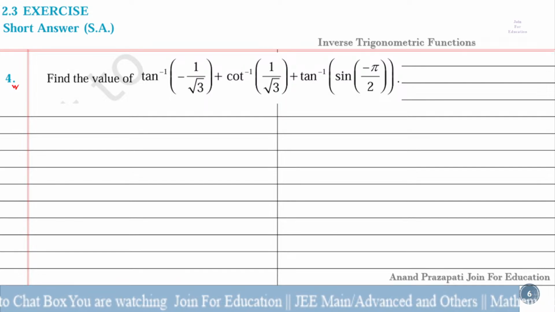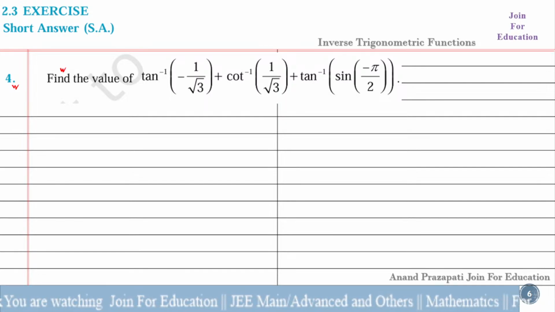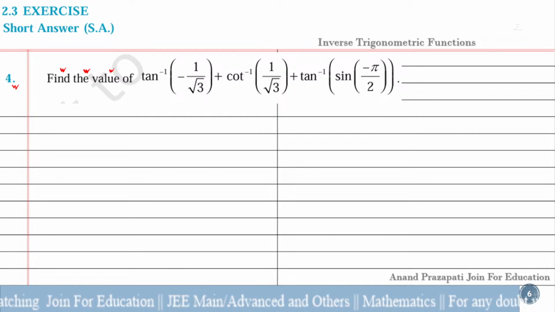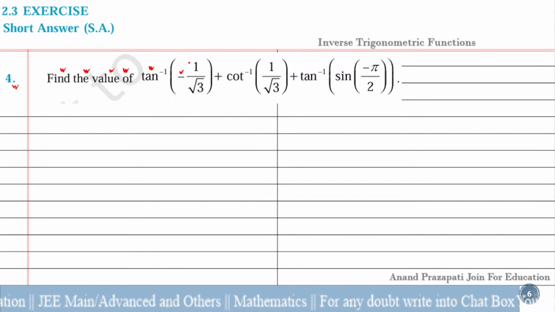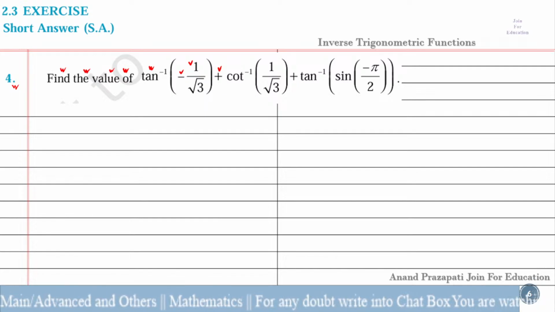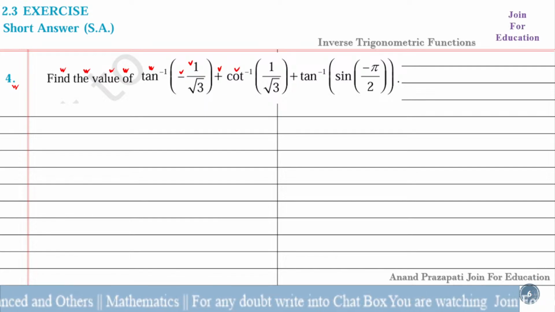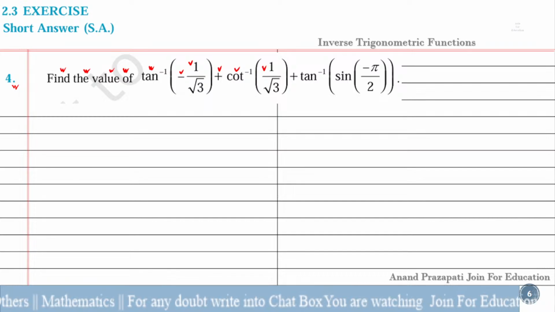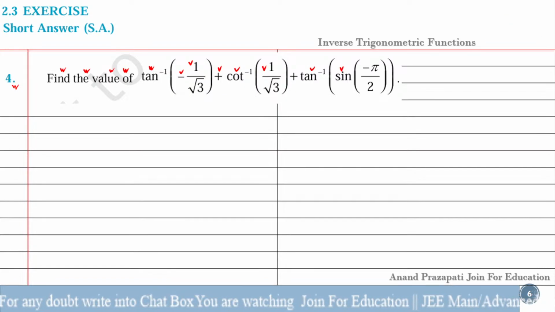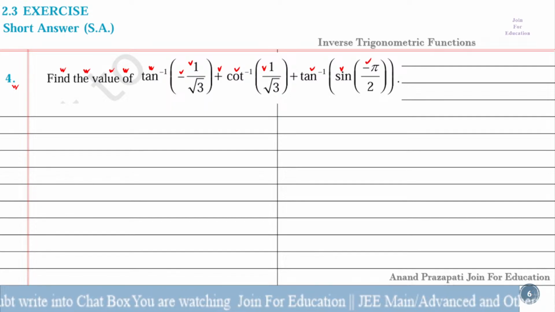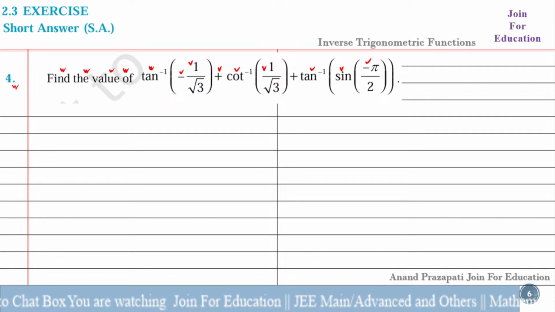This question asks us to find the value of tan inverse minus 1 by root 3 plus cot inverse 1 by root 3 plus tan inverse sine minus pi by 2. So let's see the solution of this question.